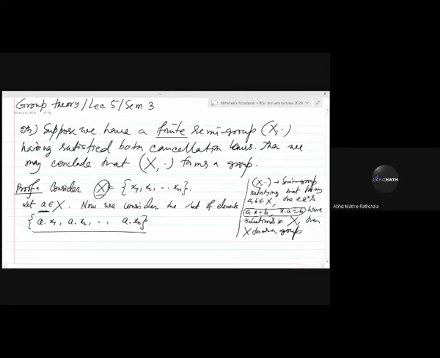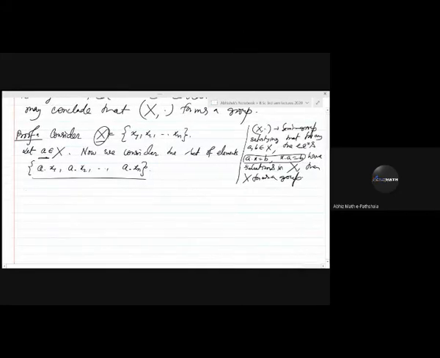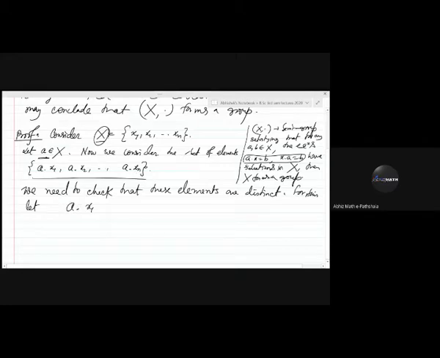So we need to check that these elements are distinct. For this, let a·xk equal a·xj.